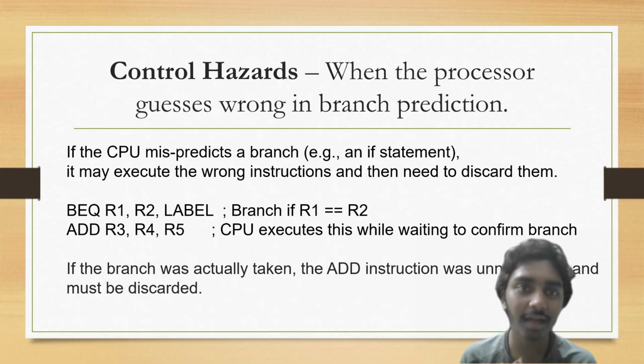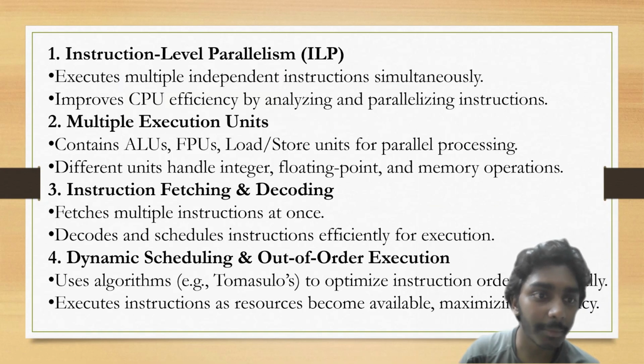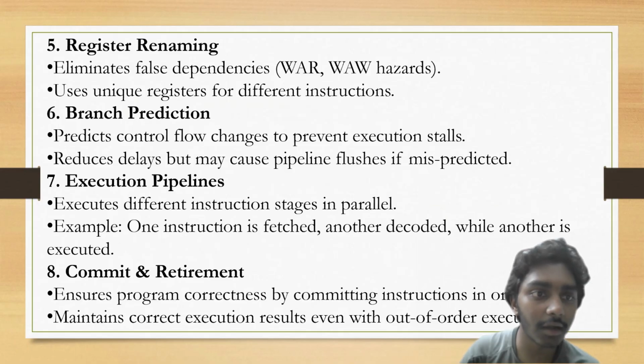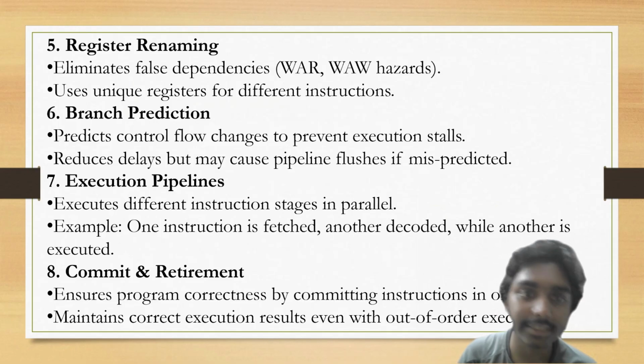Control hazards are when the processor guesses wrong in branch prediction. This was also mentioned in the characteristics initially. Branch prediction is another feature of superscalar processors, but sometimes, like mentioned, it could cause wrongly predicted values, which could result, in fact, in a higher execution time.